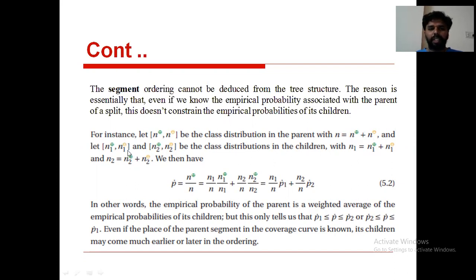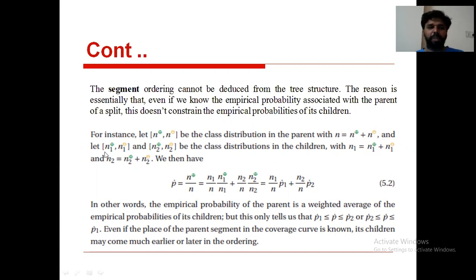And here, n may be divided into two subsets. Set 1 is n1 and set 2 is n2. Set n1 may contain positives as well as negatives, and set 2 may also contain positives as well as negatives.